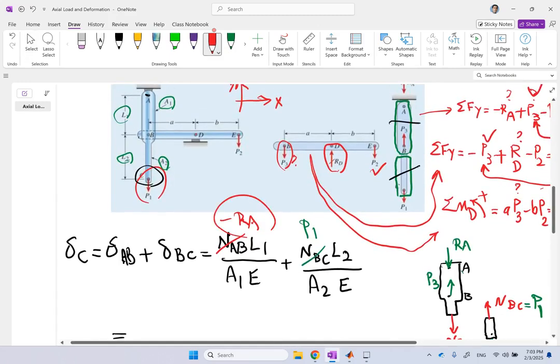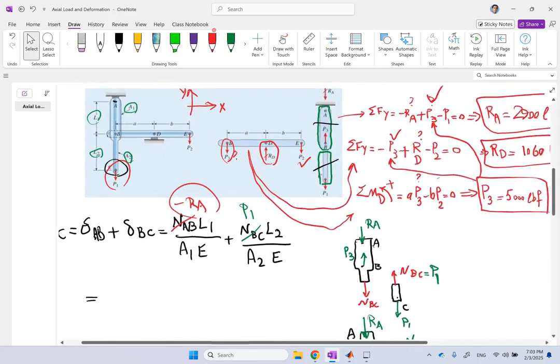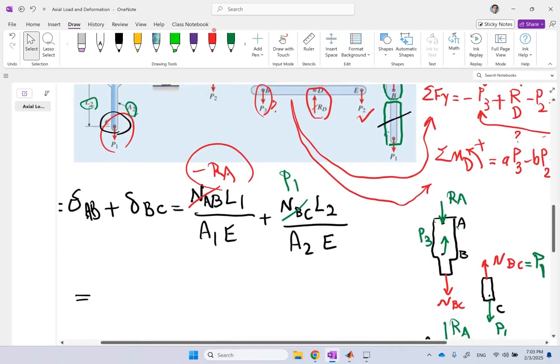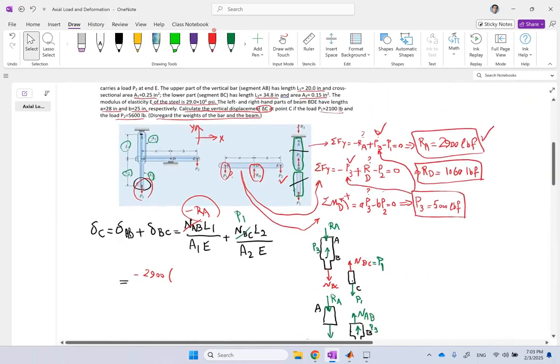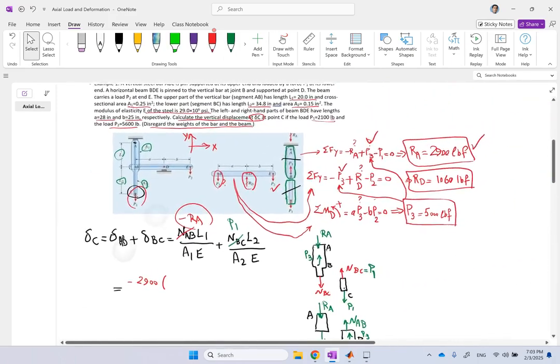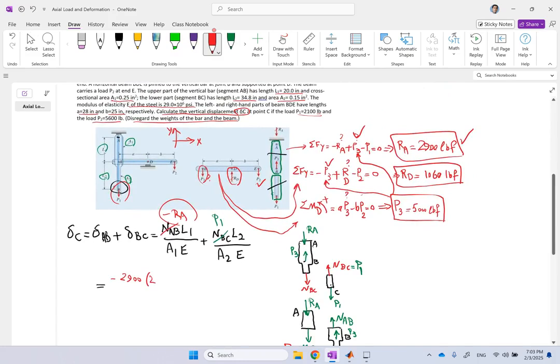You see, that's where I need RA. So RA is 2900, so it's going to be negative 2900. And then we have L1, which is 20 inches. And I'm going to write down everything in inches. And A1, the first cross section, is 1/4 inch squared.